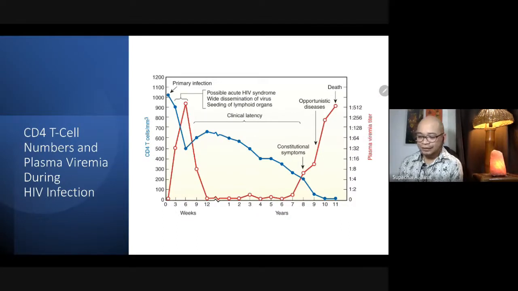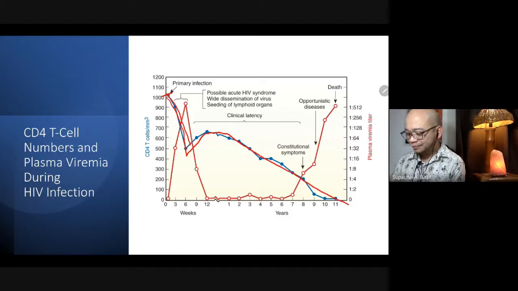So this is the expected number of CD4 and plasma viral RNA. As you can see, in primary infection the number of CD4 is at this level. However, it will significantly drop and eventually it will drop progressively.